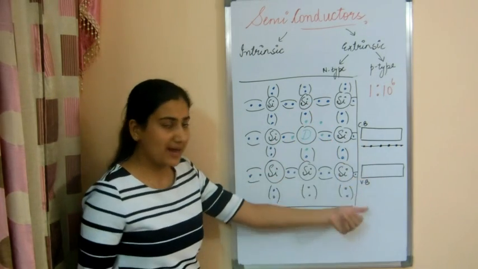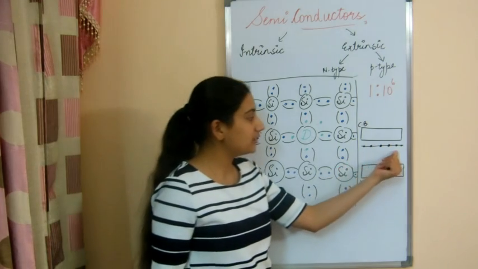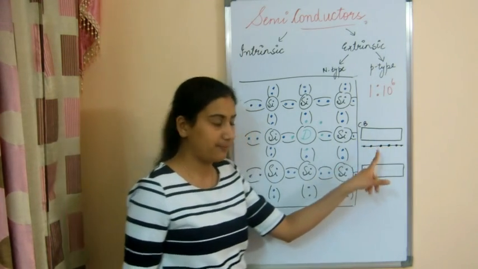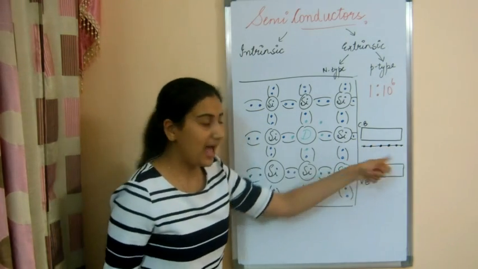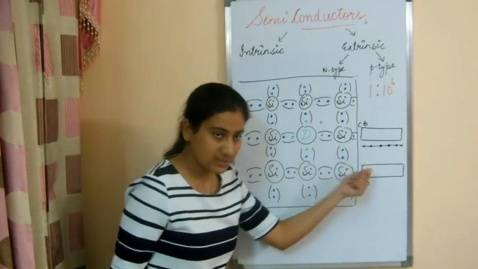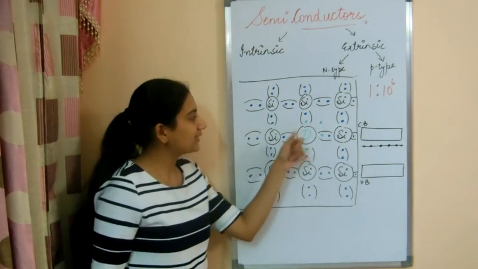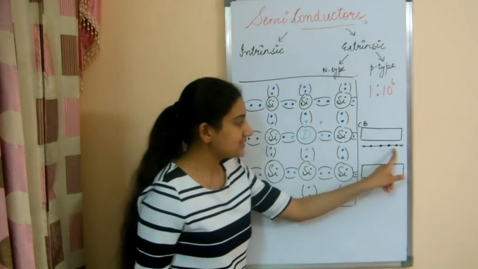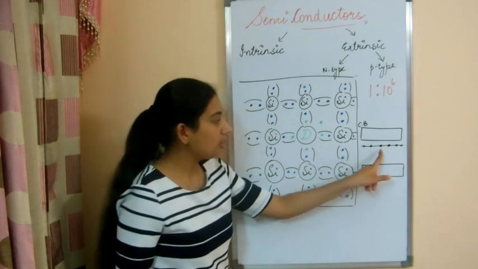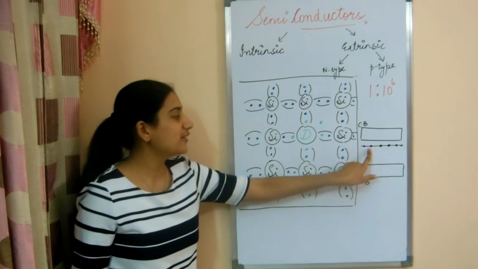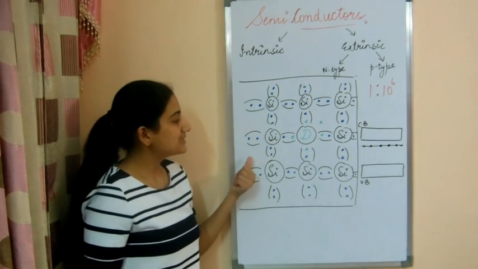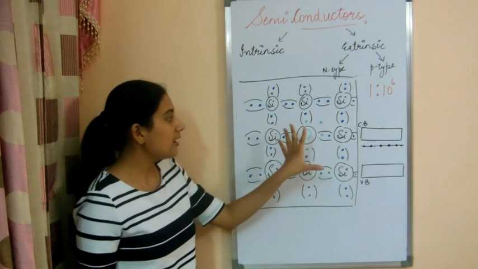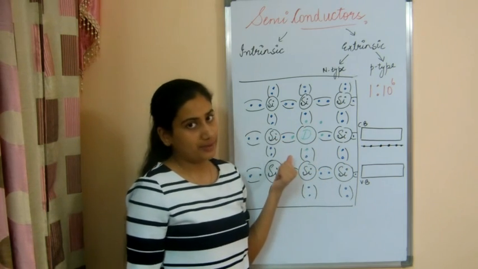So the valence band and conduction band will have another energy level in between them. This energy level have those electrons which are not taking part in any of the bond. So this energy level is called donor energy level or Fermi level of the extrinsic semiconductor with pentavalent impurity.